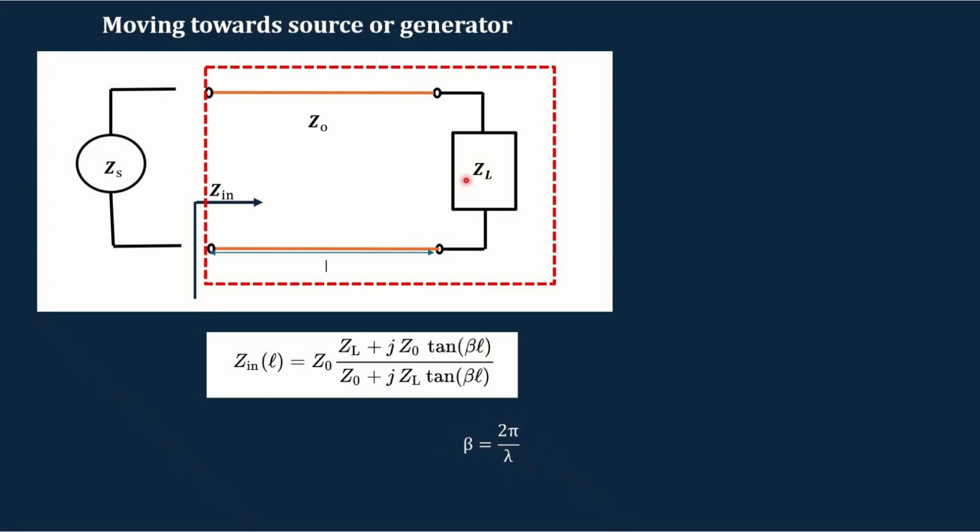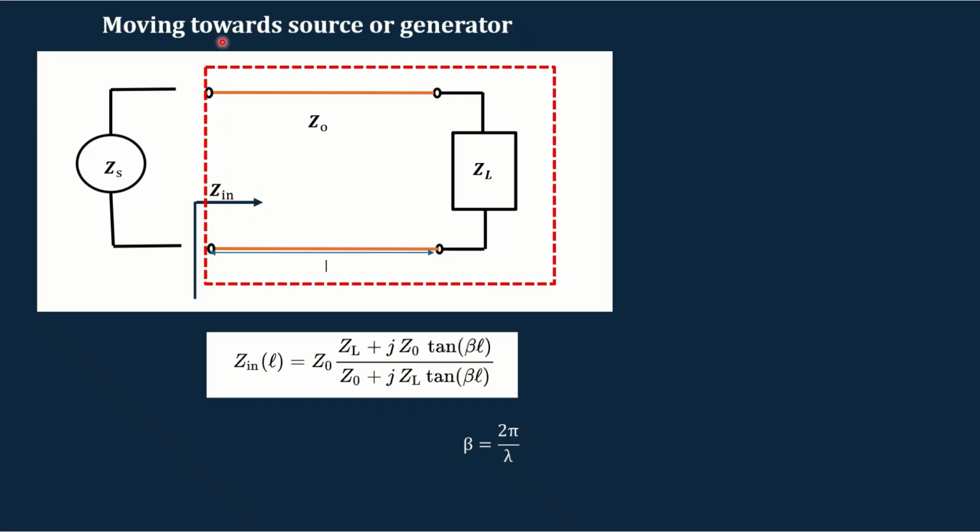ZL is the load impedance, and Zin is the input impedance that is seen by the source due to this load connected to the transmission line. Here you can see that the length of the transmission line has an impact on determining the input impedance.